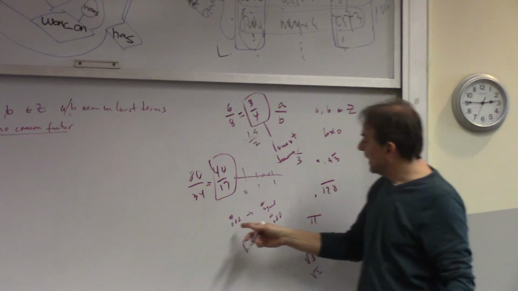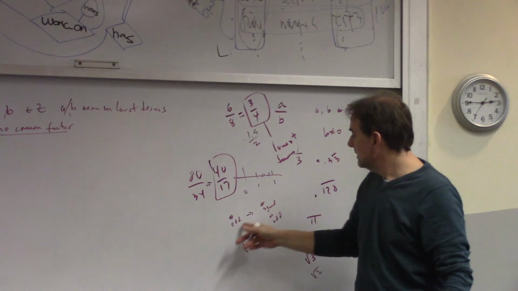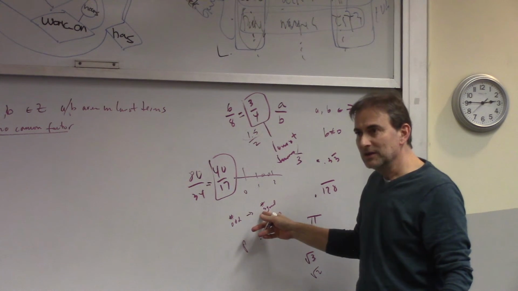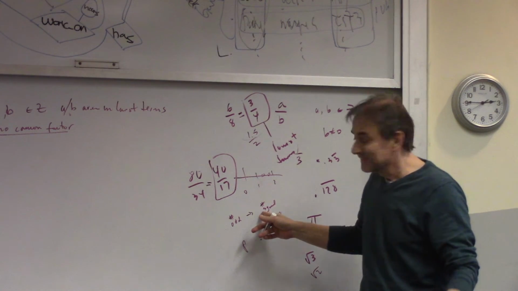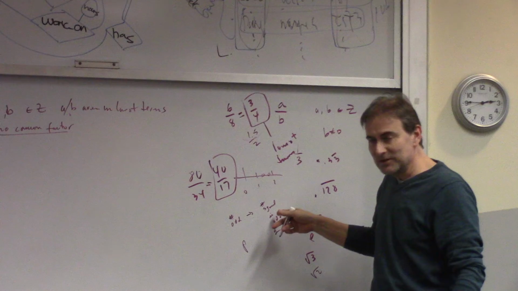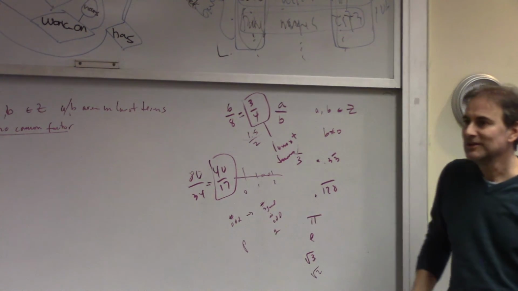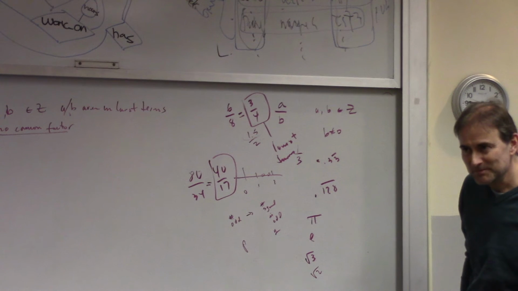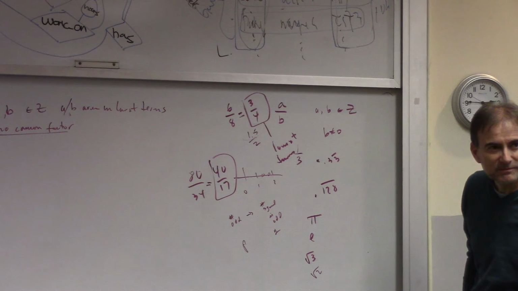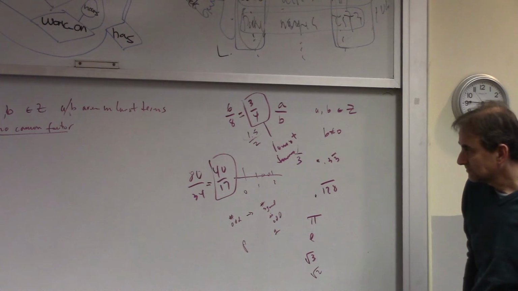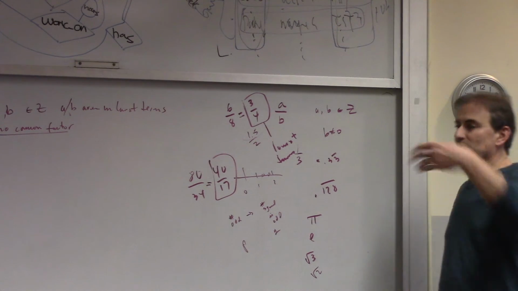Well, since I proved odd number implies squared is also odd, I've also proved not odd squared, even, implies not odd, even, not squared. Does that make sense? Or am I losing you? Did I lose you? A must be even. Okay.